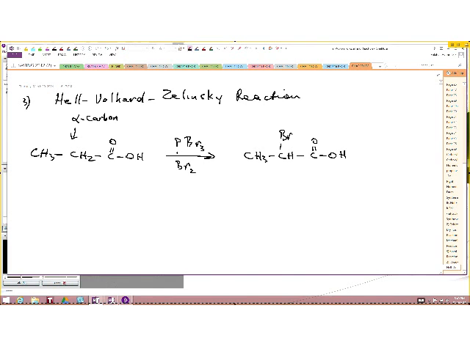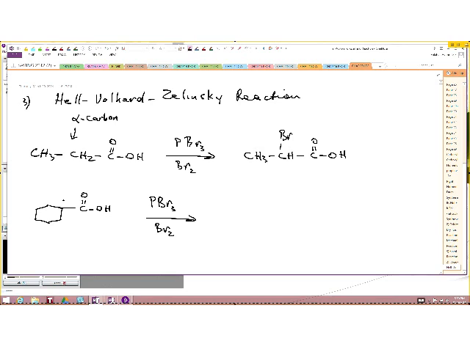What this reagent does with carboxylic acid is replace one of the alpha hydrogens in the molecule with a bromine atom. Another example, supposing I have this. If I use that reagent, phosphorus tribromide in the presence of bromine, what is going to happen?